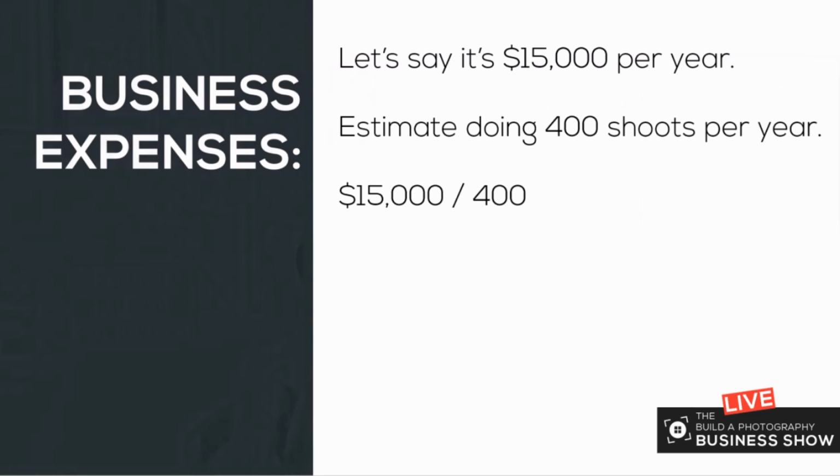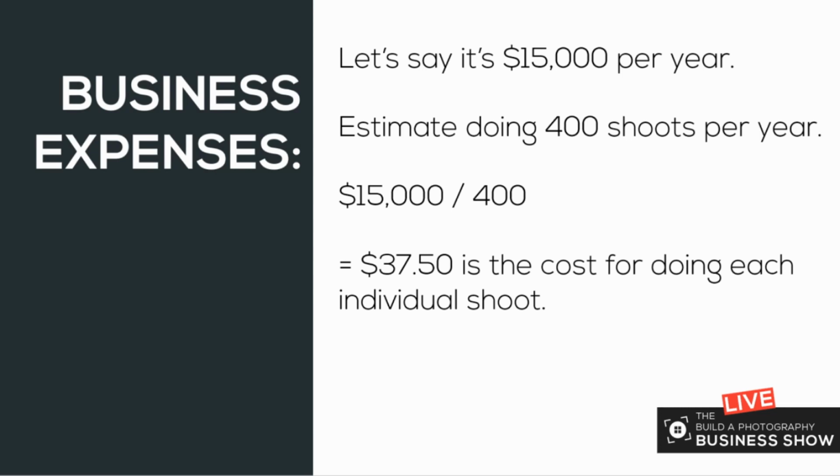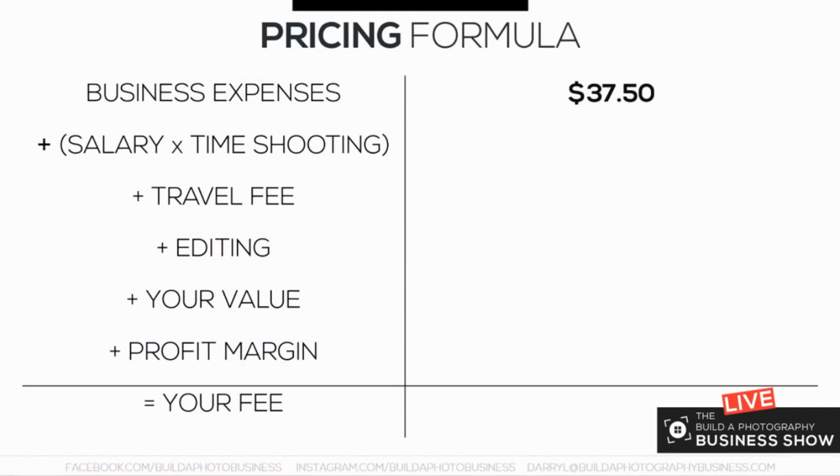So we take $15,000 and divide it by 400, and that equals $37.50 as the cost for doing each individual shoot. So calculate your cost per shoot and write that value into the formula like this.